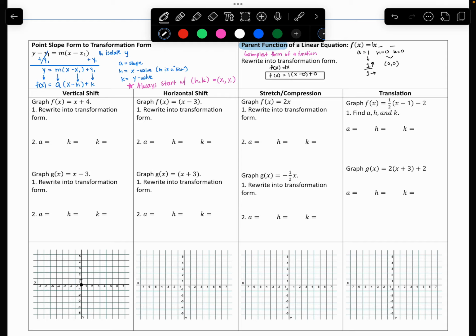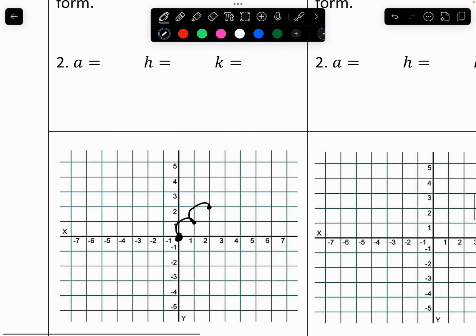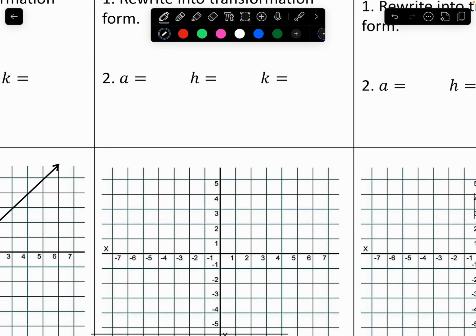You're going to start at 0, 0. You go up 1 to the right 1, up 1 to the right 1. Okay? You don't have to do the curves everywhere. Just graph it. Okay? Do it for all of them.